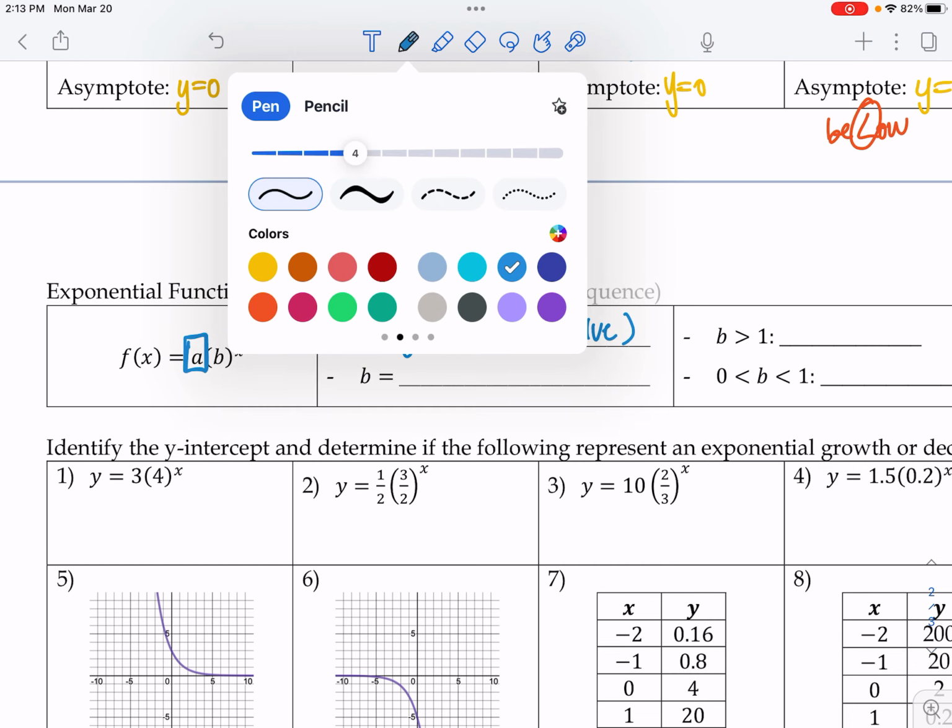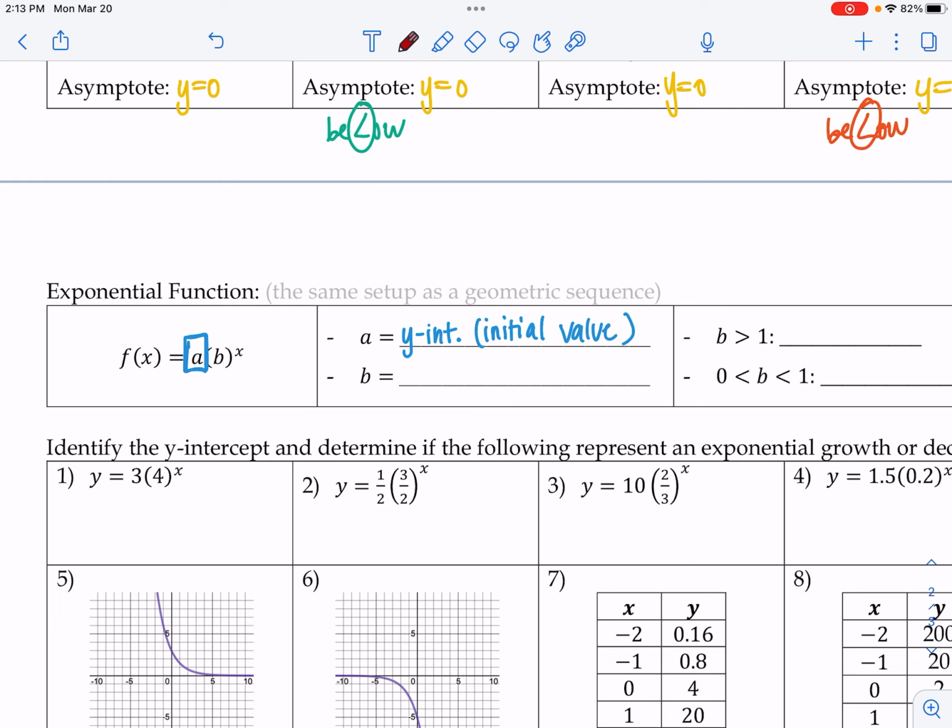Whereas the b value, let's use red, the number in parentheses being raised to the x power, you can call it a common ratio like we do for sequences.